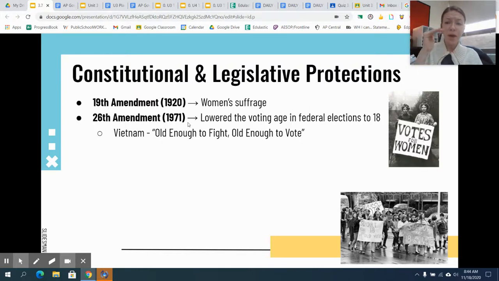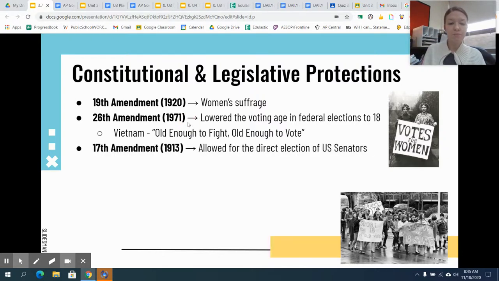And we see the draft age, right, the minimum age that you were required to serve your country in the military, lowered to 18. And the argument became, look, if I'm old enough to fight for my country and die for my country, I should be able to vote for my country. And that kind of was the rallying cry for those in favor of the 26th Amendment.